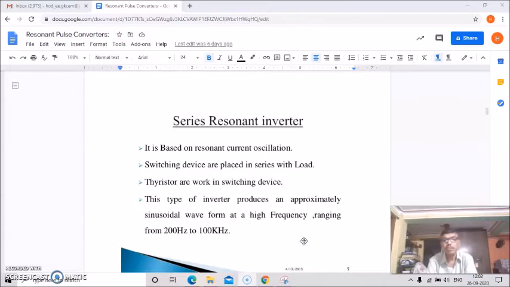Basically it is based on the resonant current oscillations. In the last class we discussed the resonant conversion process, where we saw these resonant current oscillations.